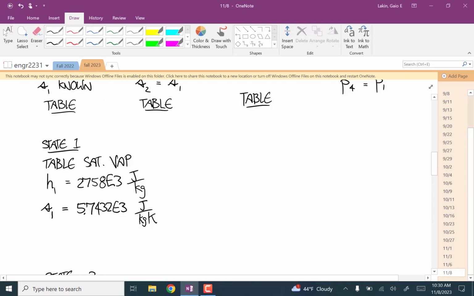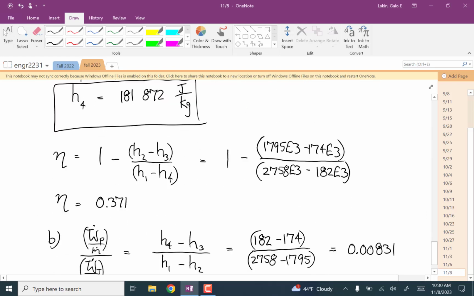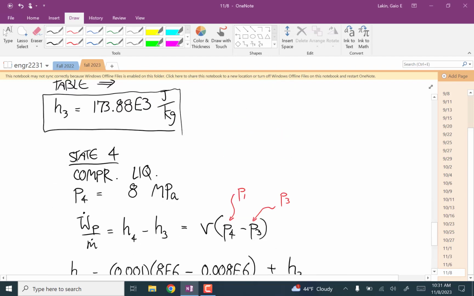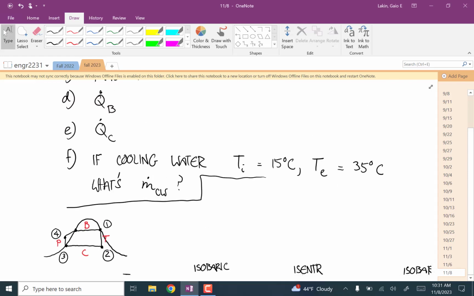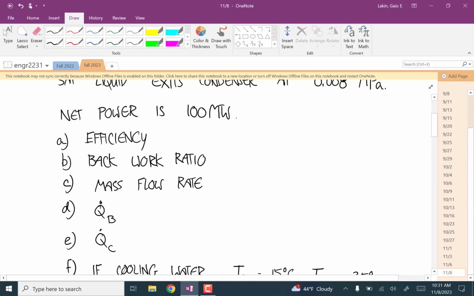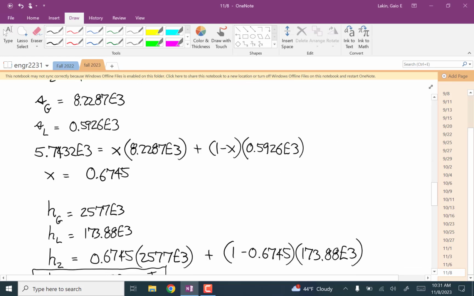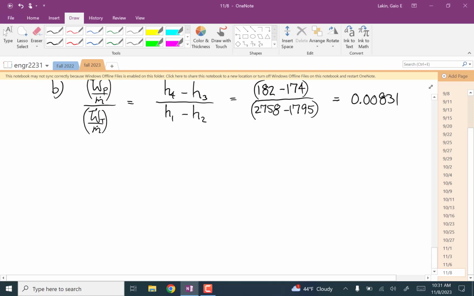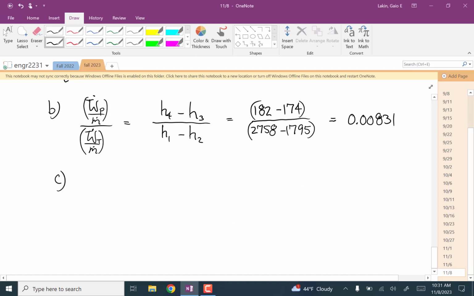Now, the mass flow rate. How are we going to get the mass flow rate? We're given the net power. Okay, so we want the mass flow rate.